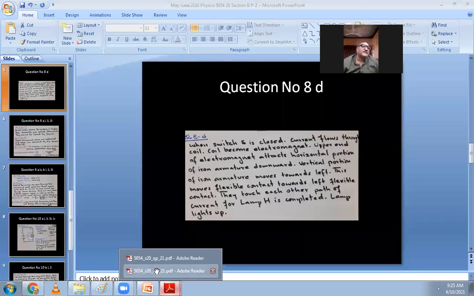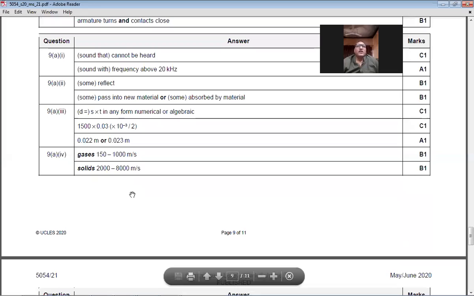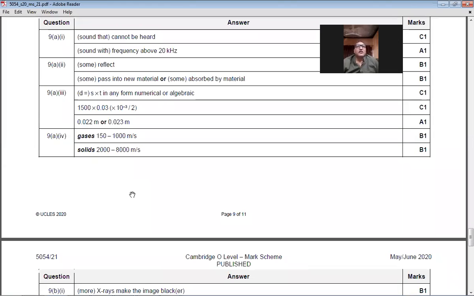Let's check the marking scheme as well. You see what the marking scheme says.